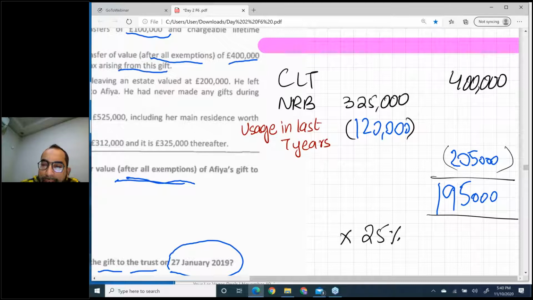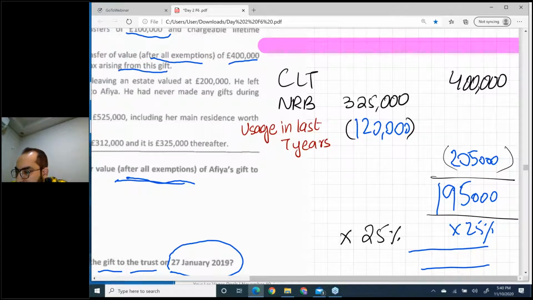So 195,000 times 25%, let me calculate it. It's 48,750. That's it.